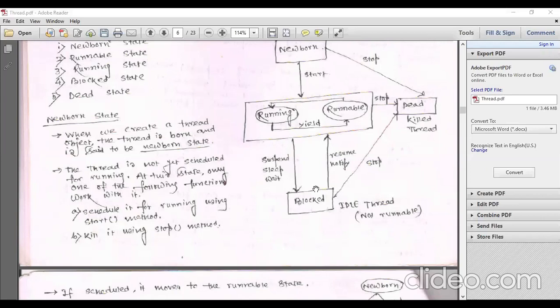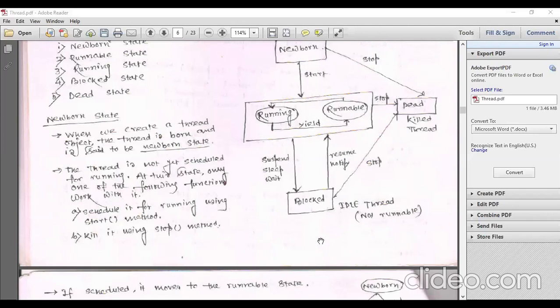Fine. And from block state, a thread can also move to the dead state, by calling the stop method. From newborn state, a thread can move to the dead state by calling stop method. From running or runnable state, a thread can move to the dead state again by calling stop method.